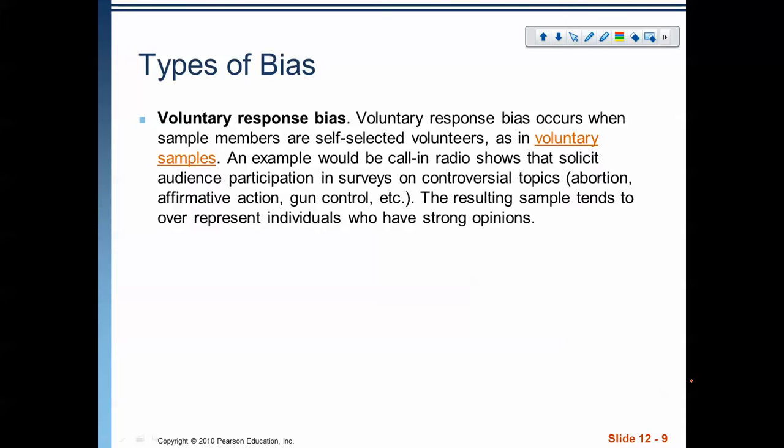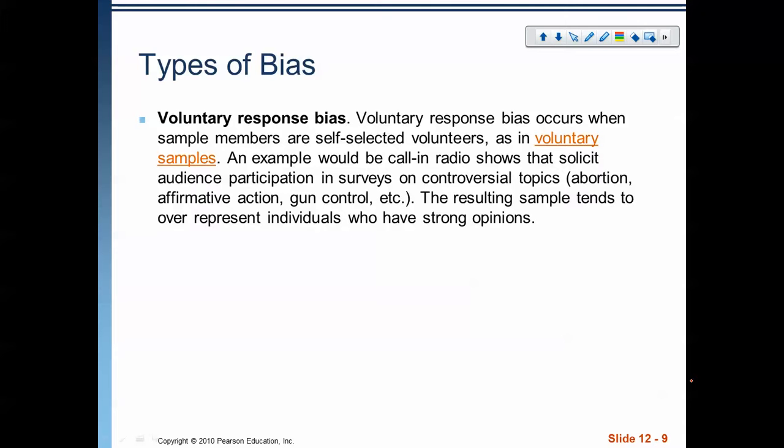So if it's a call-in show and to get your respondents you have to actually call a number, that's called voluntary response, because people that don't care that much are not going to pick up the phone and say, yeah, I don't care. The people who do it are going to call, and then they're going to scream at the person because it's something they're really advocating against, right? People who just don't care that much are not going to pick up the phone.